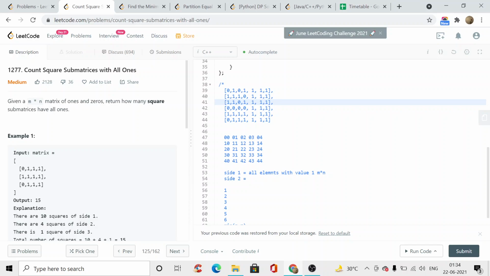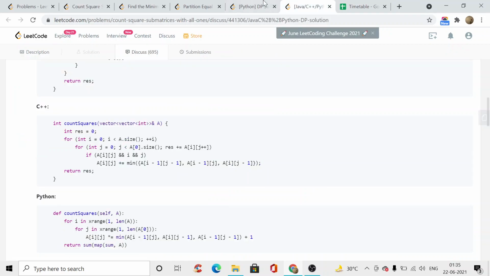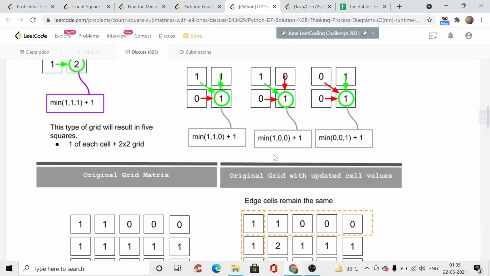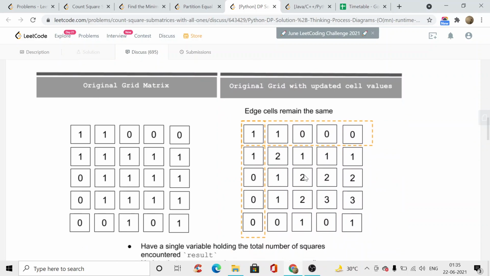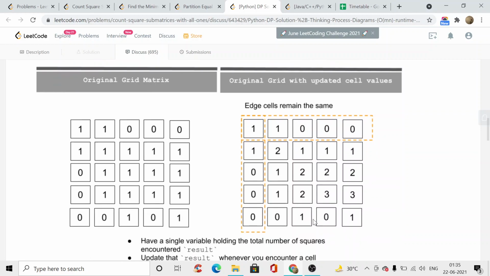Okay, so if this is 1, it is also 1, then we know that a matrix of size 2 is possible. So this is actually holding what sizes are possible.